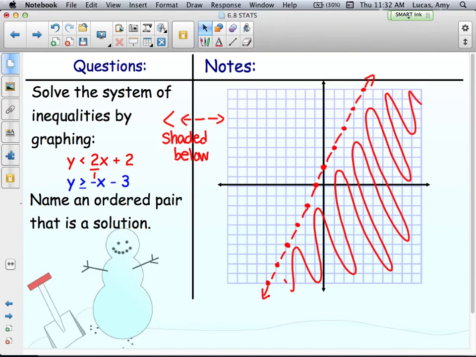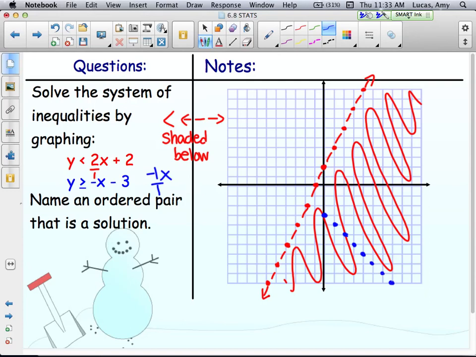Now for my blue line, I start at the intercept of negative 3, so negative 3 on the y-axis. And my slope, if it's negative x, I can put a 1 in front of it, so it's really negative 1x, and make it a fraction, negative 1 over 1. So my rise over run is going to be going down 1 over 1 to the right, like this.